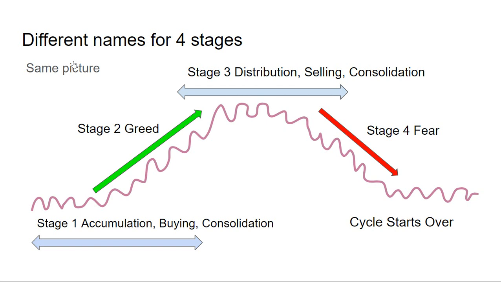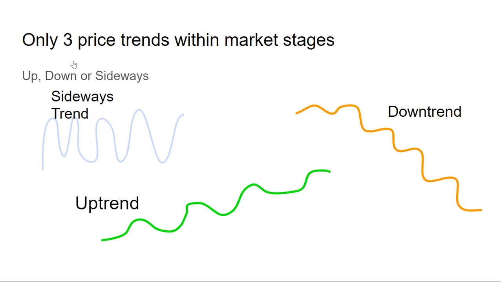Another reminder slide of just some different names for the stages that you may even hear in the media or from me. And there are only three ways price can move within these stages. You're either in an uptrend, a downtrend, or a sideways trend. It's only three options when it comes to price.